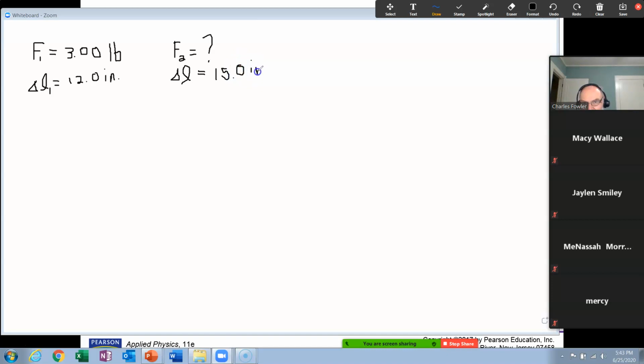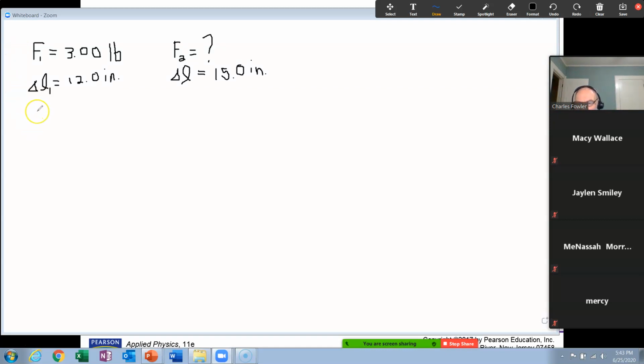Now, anyone have a suggestion on how we can solve this problem? Okay. This is enough information here to determine Hooke's law constant, the K. So let's do it.